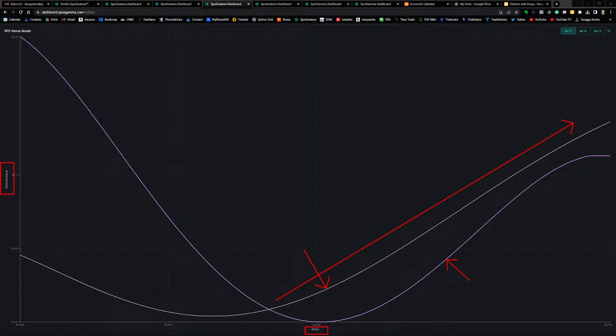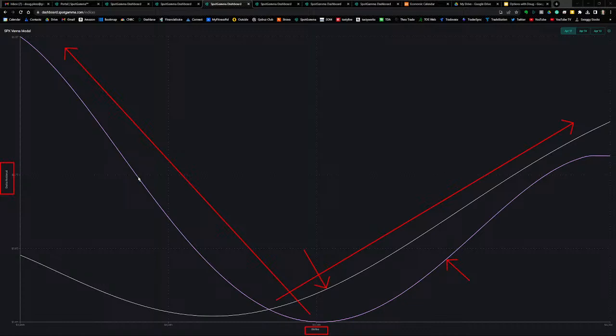And then on the other hand, as price falls, as price decreases and implied volatility increases, this is showing that market makers' delta notional will increase, and they'll have to sell futures to hedge their delta exposure as price drops.